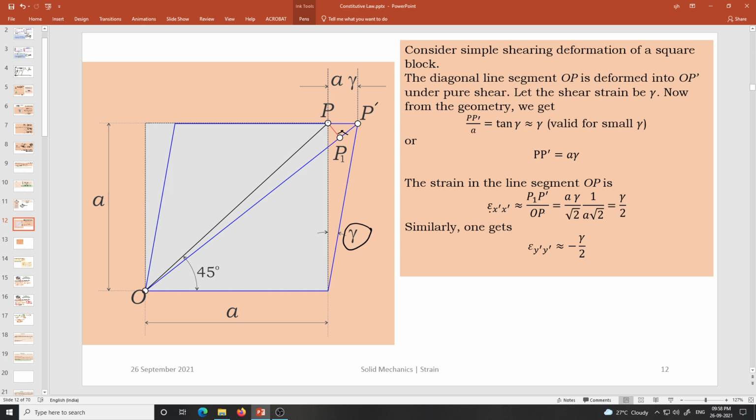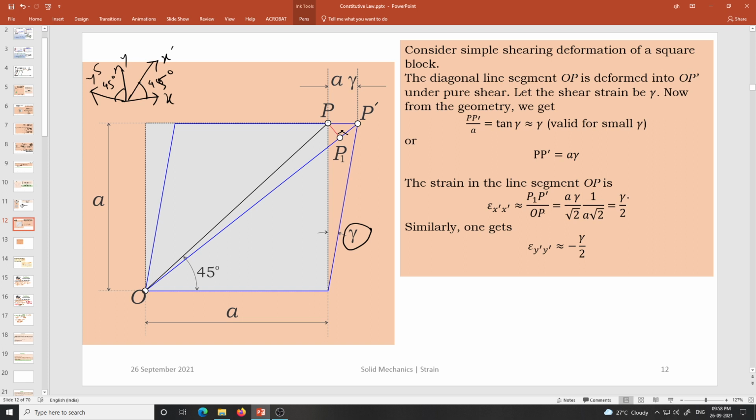So naturally the direct strain along the diagonal direction, that means epsilon x prime, where we have considered a 45-degree rotation. This is the xy, and this is the x prime and y prime. So this is 45 degrees, this is also 45 degrees.